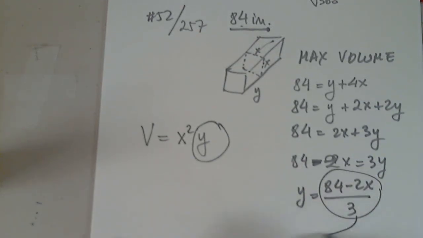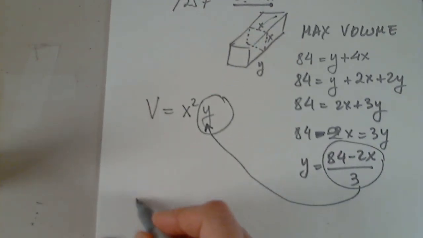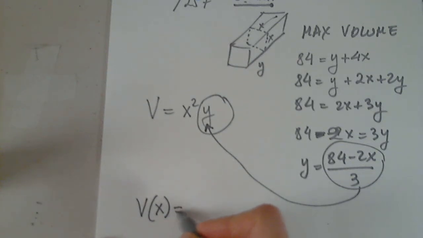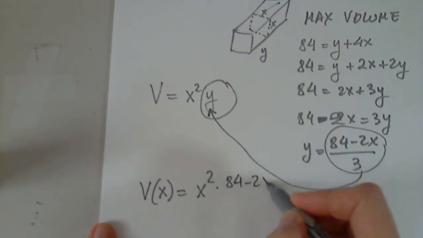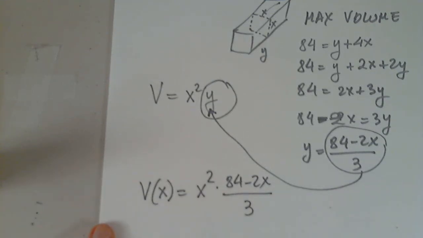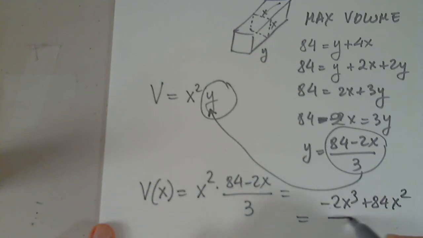I will replace this in the volume formula. So then the volume, now it's a function of x only, is x squared multiplied by (84 minus 2x) divided by 3. I will distribute and arrange in descending order, and I get negative 2x cubed plus 84x squared, all divided by 3.